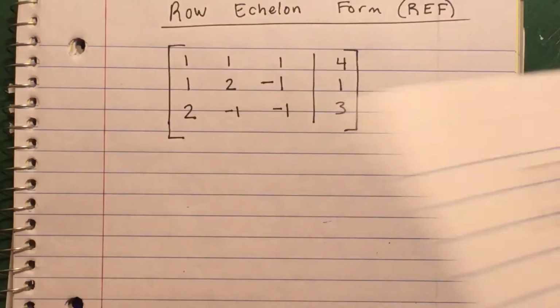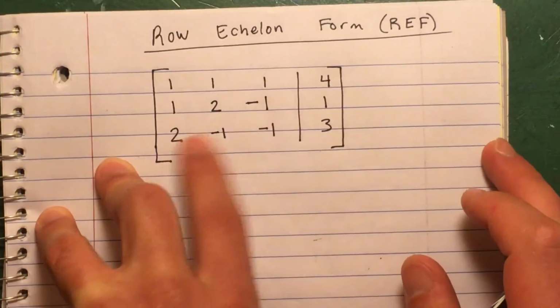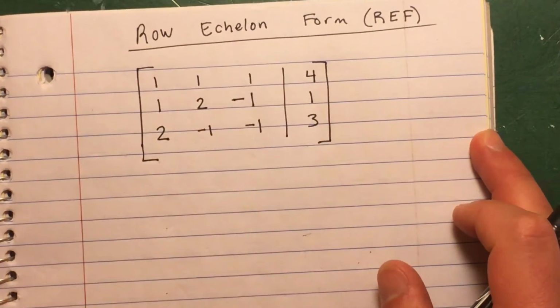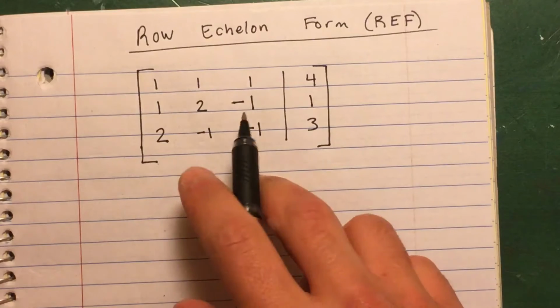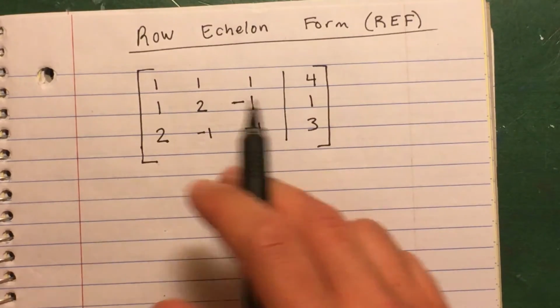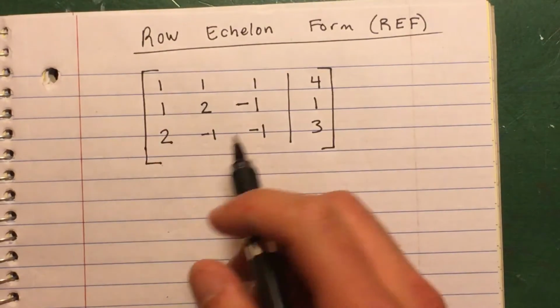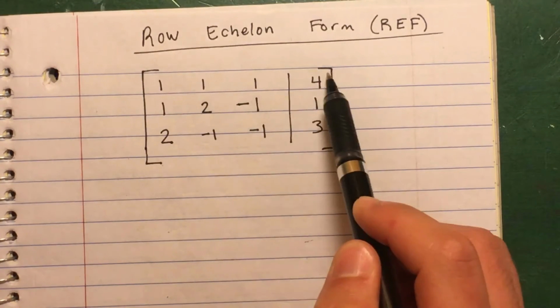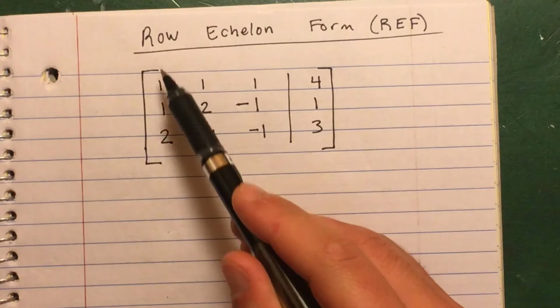So let's just jump right into a problem where we're going to rewrite this non-REF matrix into REF. Let's begin. We're going to follow an algorithm that begins with the uppermost row, and we're going to work our way downwards.